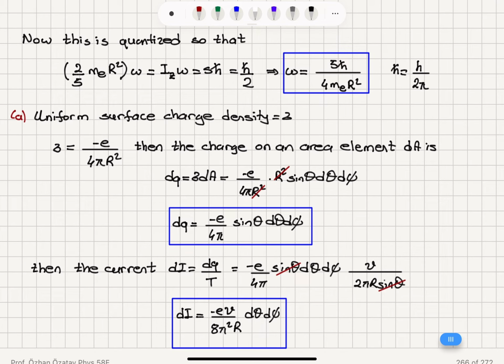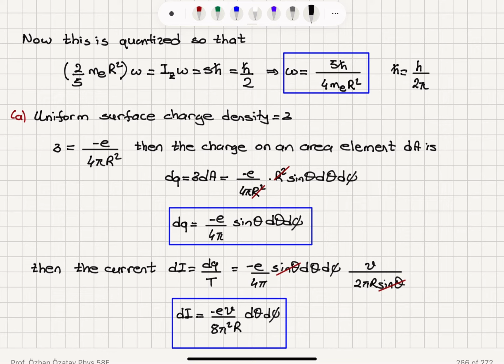So we multiply sigma with dA to calculate dq, the charge contained in that area element, and the contribution to current from the dq is dq divided by the period T. This gives me a current of minus e v over 8 pi squared r d theta d phi, where I have written in terms of the period.